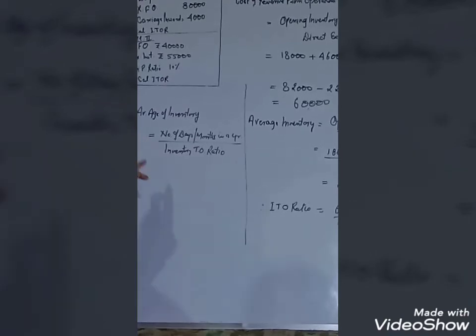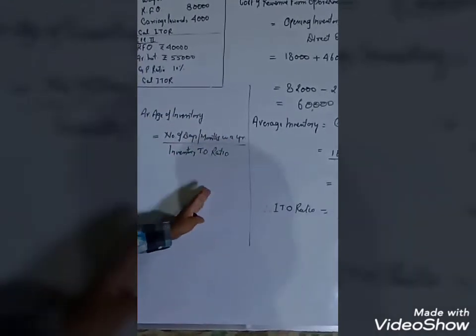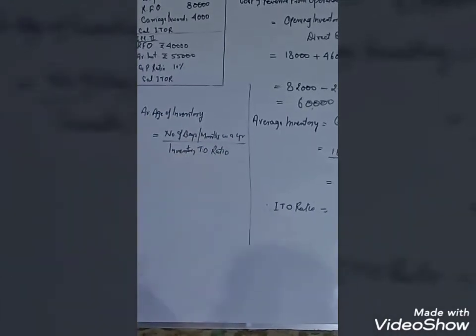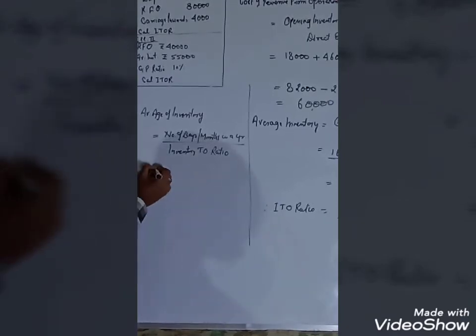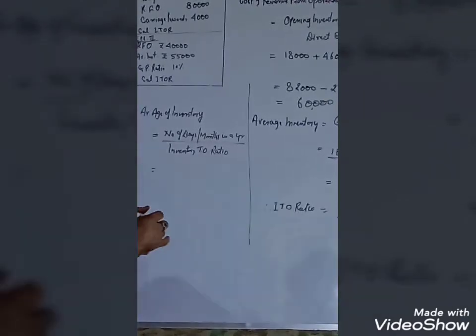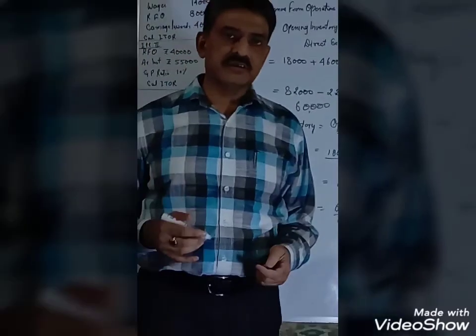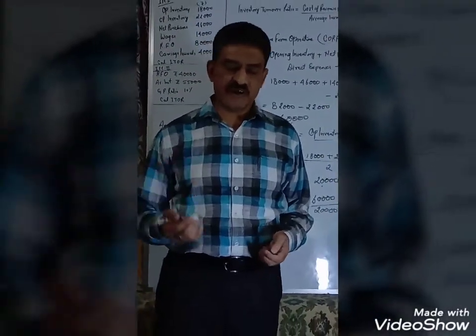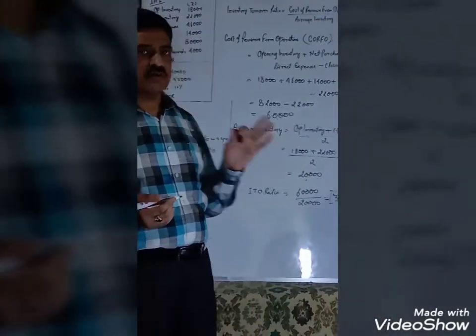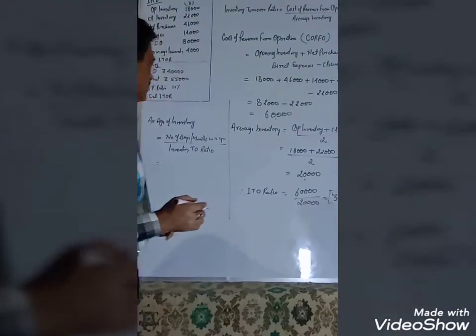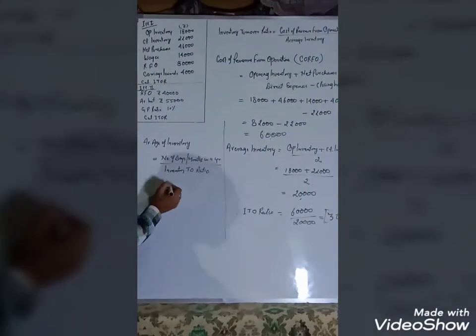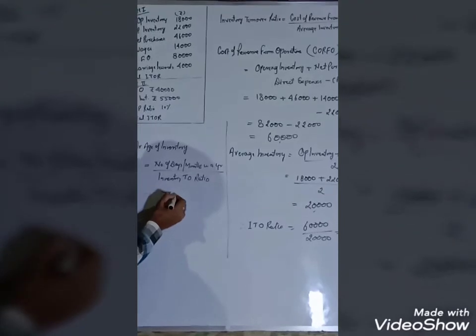If the number of days in a year is given in the question, 366 or 365 days, then you will have to take accordingly those number of days. Otherwise, on an average basis, we will take 360 days.